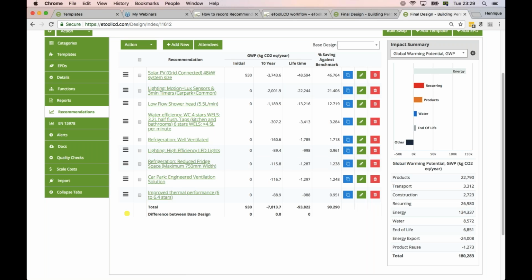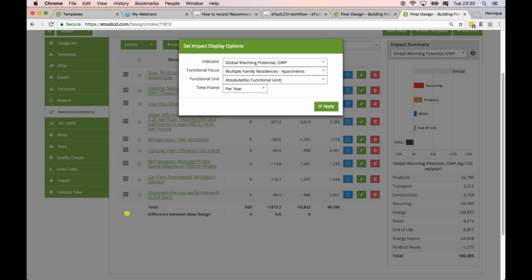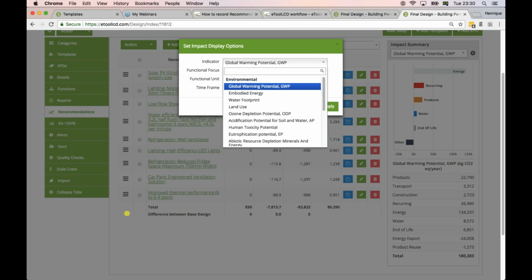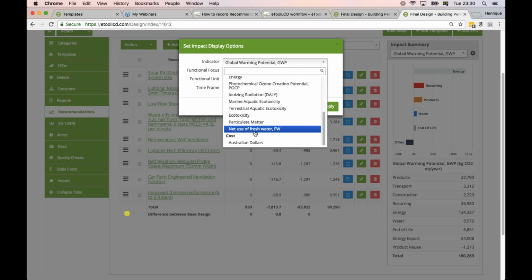other ones. The other interesting part about this is that you can run life cycle costing in combination with your environmental analysis. So you can just flick the indicator to cost. So you have here this LCI, this inventory that I'm using, has the Australian dollars as an indicator.